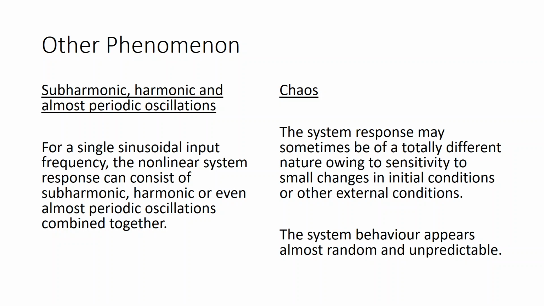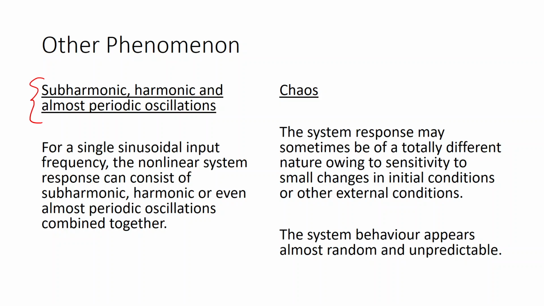So basically a class of systems can have this sort of phenomenon where, if you excite by a single sinusoidal input frequency, the system response can consist of subharmonic, harmonic, or even almost periodic oscillations. So they may not be exactly periodic. All this can combine together and form the response of the system.